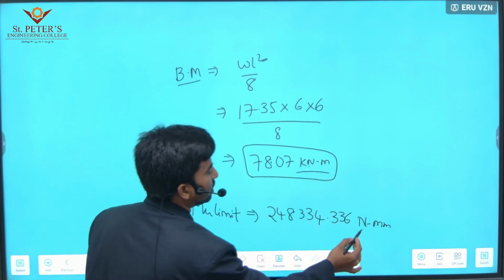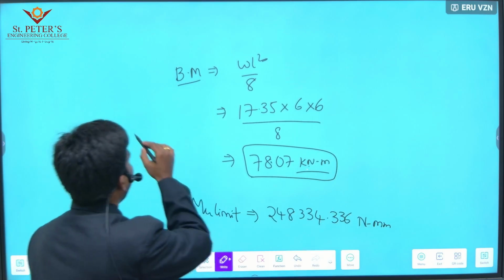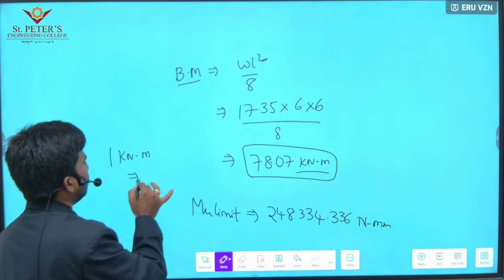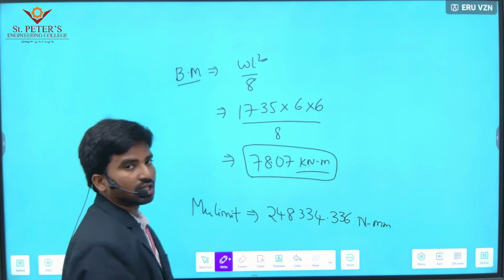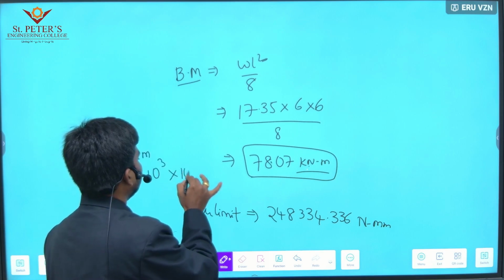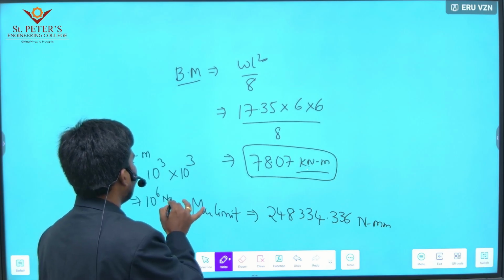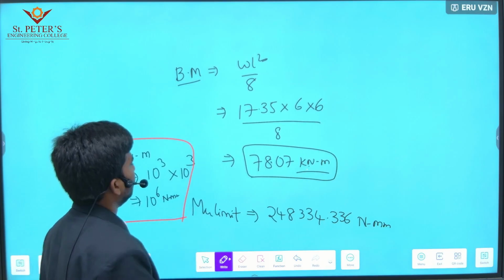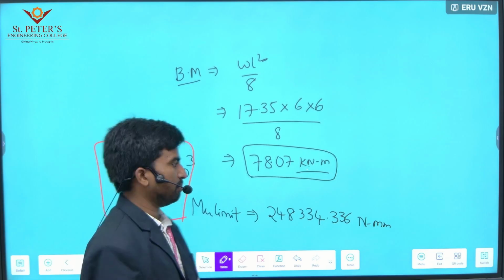So you should convert it into the same unit. 1 kilonewton meter: 1 kilonewton is 1000 Newton, 1 meter is 1000 mm, so 10 power 3 multiplied by 10 power 3 is 10 power 6 Newton mm. 1 kilonewton meter equals 10 power 6 Newton mm.